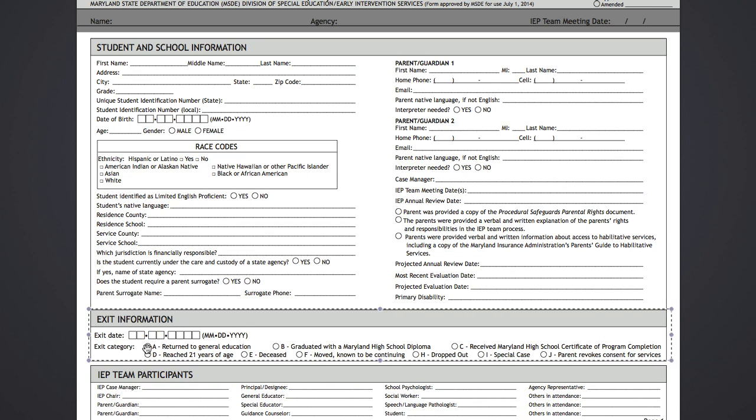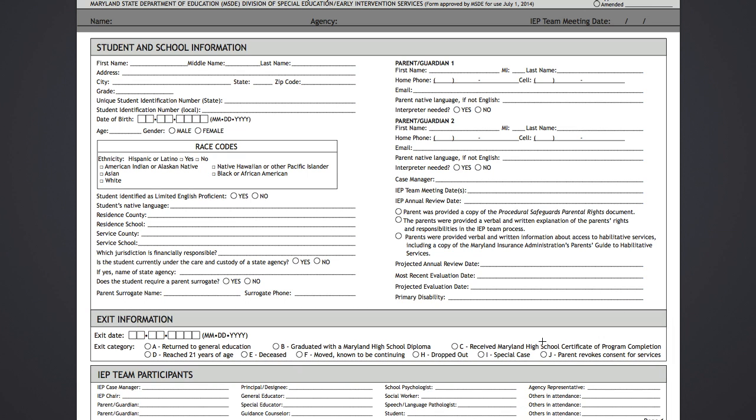So after an assessment to determine that, the team may determine that the child is returning to general education. So we would enter the date that they're exiting, or there's a variety of other reasons here that children may exit, namely they graduate from high school, or they move, or there are some other special cases listed here.